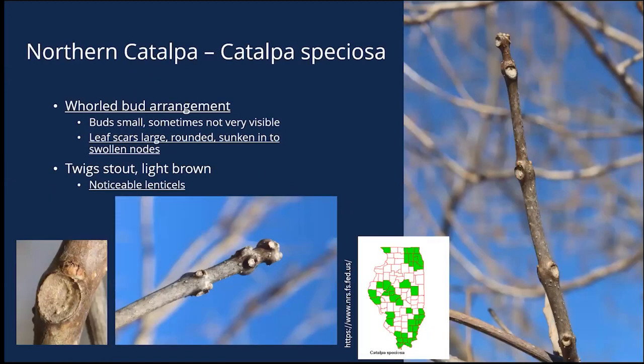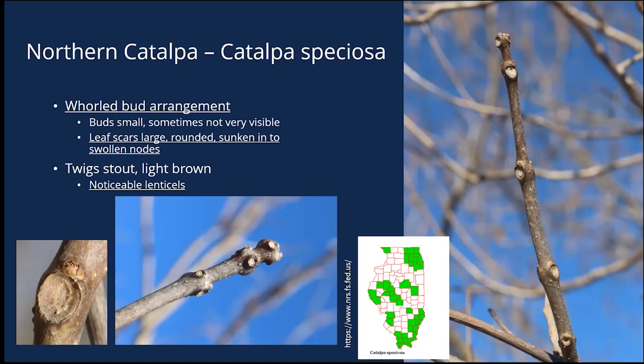Alrighty, so the last tree we're going to cover today is Northern Catalpa. This is the one that we're going to cover that has a whorled bud arrangement. So if you remember way back in day 1 on Monday, we talked about opposite and alternate, and then there was that weird third category where it has 3 or more leaves arising from the same point on the twig, or 3 or more leaf scars, or 3 or more buds.